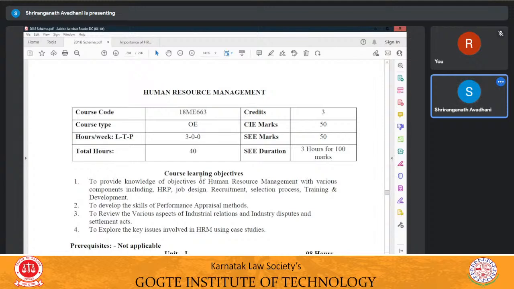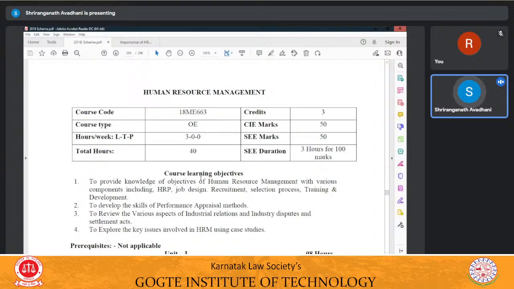One is physical resource and the other is human resource. Physical resources, you can say, are machine, material, money and other things, energy which we use to transform the available resources into finished products. Of course, the product may be in the form of service or it may be in the form of goods.